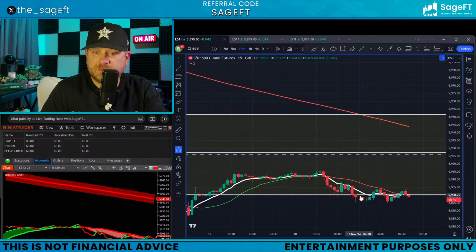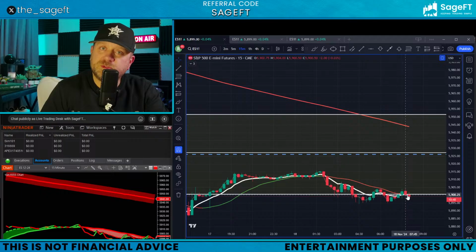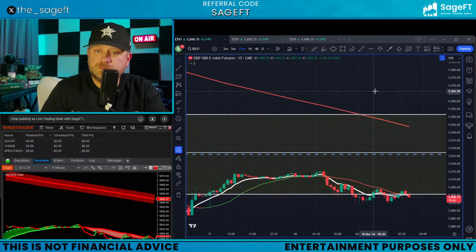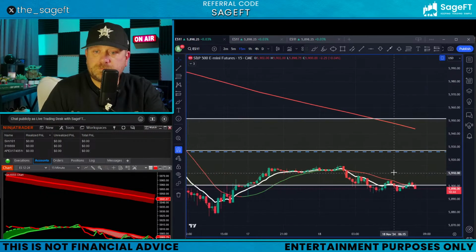Red overtakes green, profitable. Red overtakes green, profitable. That's on a 15-minute chart. So now it's starting to look profitable. Imagine that, huh? So why would we want to waste our time with the counter trend stuff? We don't.